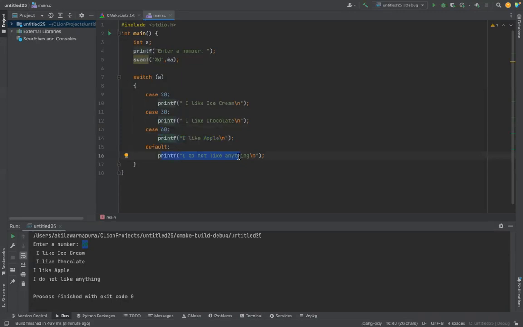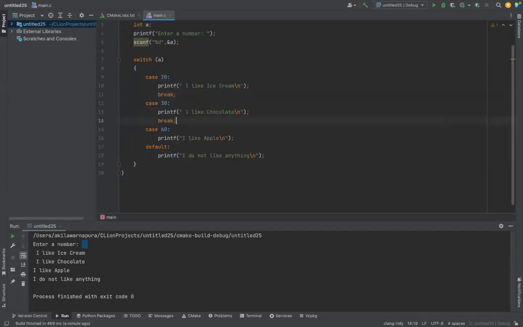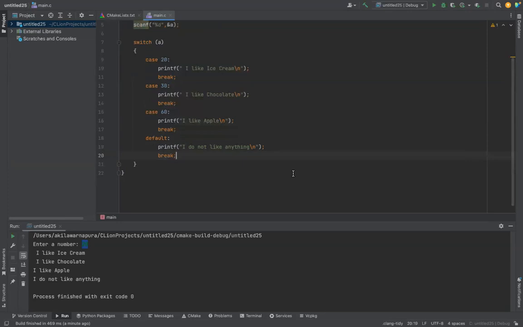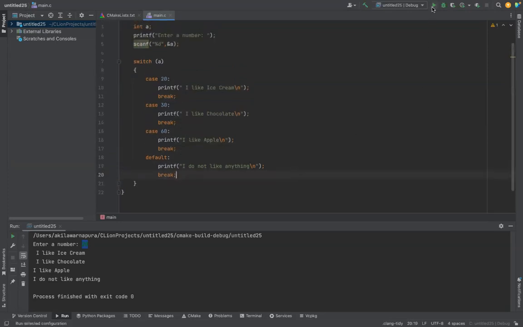Therefore, I told you, always provide the break keyword when the case is over. Let's say here break, here also break, break, the break. So now we can run.